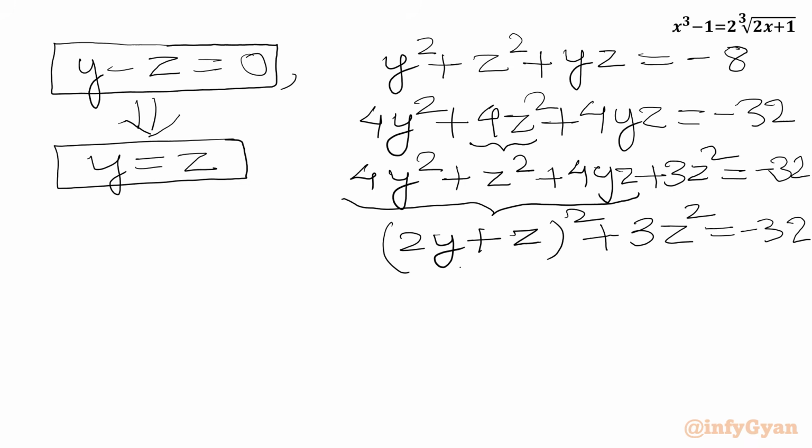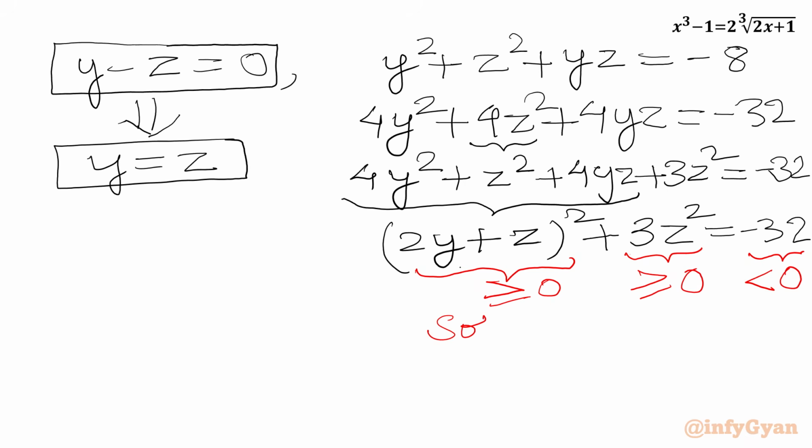Sum of two squares equal to a negative quantity. This is always non-negative, greater than or equal to 0. Here we can write non-negative. Sum of two non-negative numbers, if it is coming out negative, that means solutions are complex.